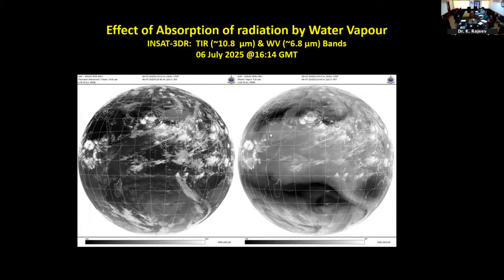This is temperature, this is height. This is a temperature profile. This is 300 Kelvin. This is 5 kilometers, 273. So 255 has come at 7 kilometers.